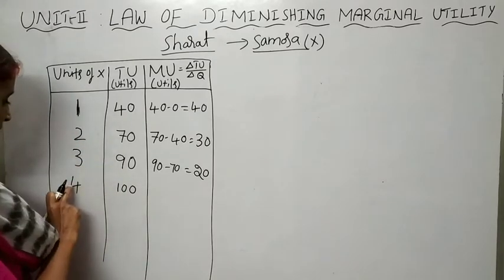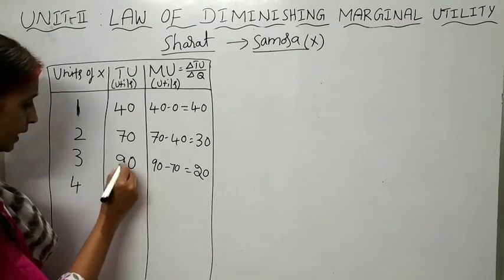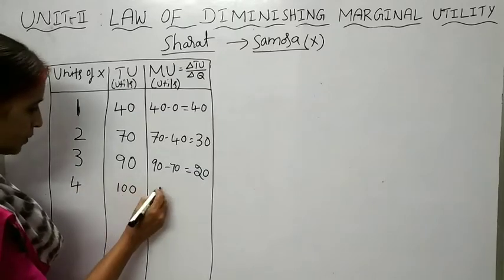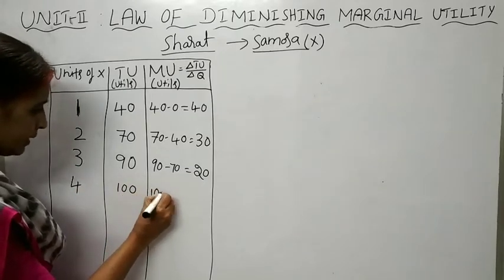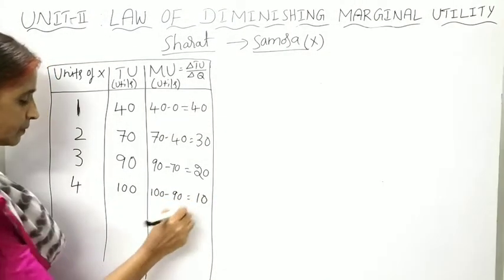Okay, what about the marginal utility of the fourth unit of the samosa? 100 minus 90, 10. 10 by 1 is equal to 10.